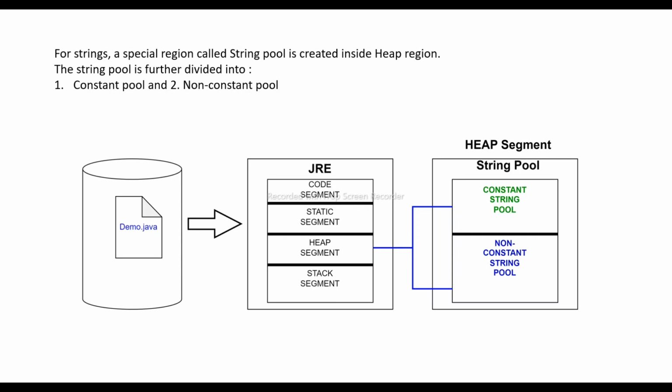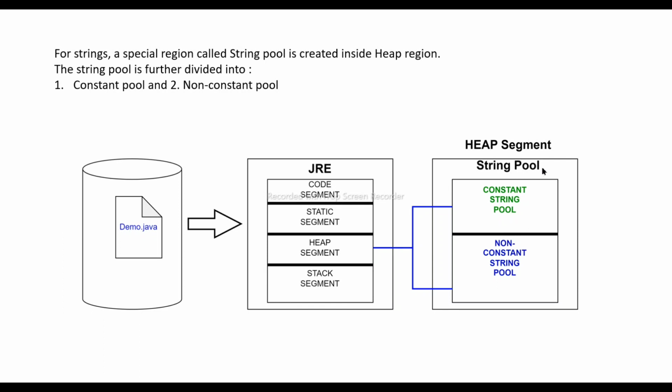Inside the heap segment, there is a special region allocated dedicatedly for string creation. So this is an enlarged version of the heap segment, and inside it there is a dedicated region that is created for string creation.